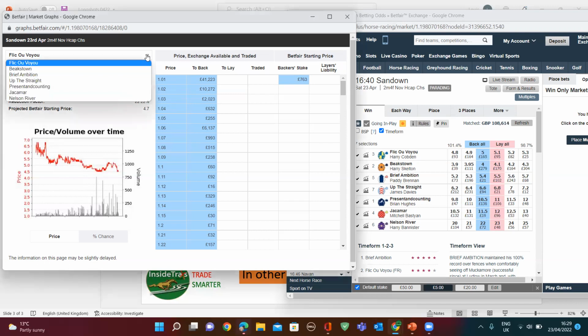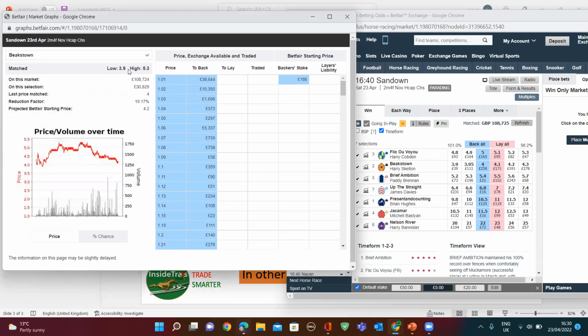So let's have a look at the next horse down, the second favorite, and we'll see that this is 4 times 31, which is 124. So this is an overweighted horse. In fact, it's got more money on it than you'd expect. It has actually drifted earlier on, and now coming towards the start of the race, which is only 10 minutes away, we are seeing money come for this horse, and it is money that is more than you'd expect.